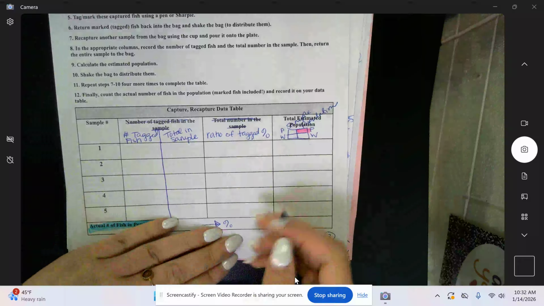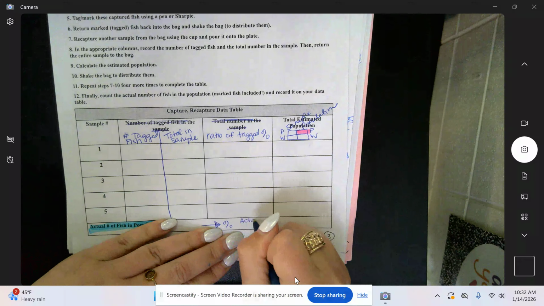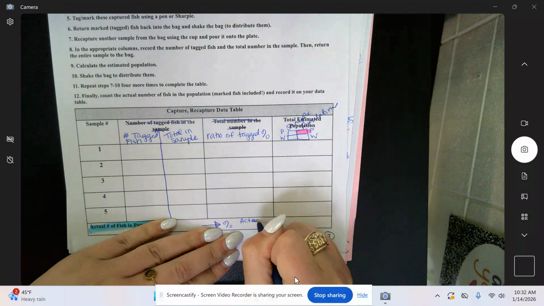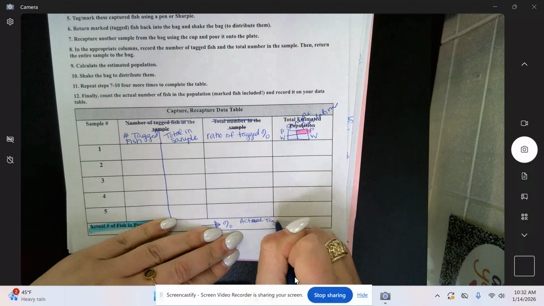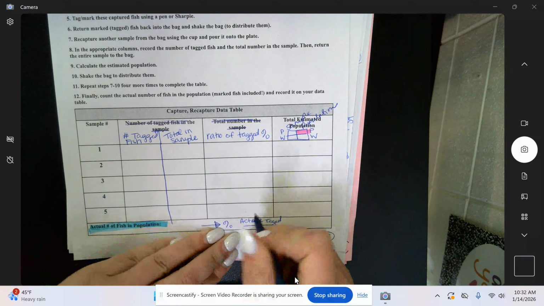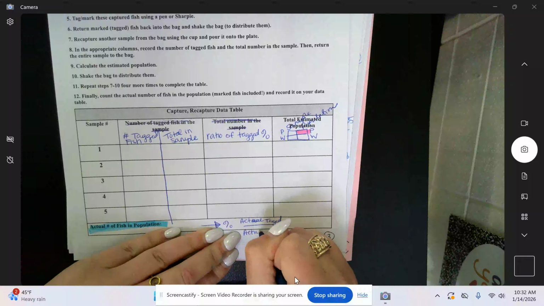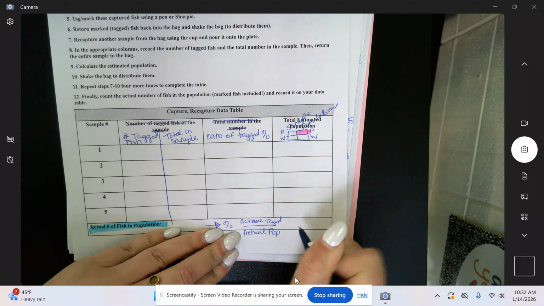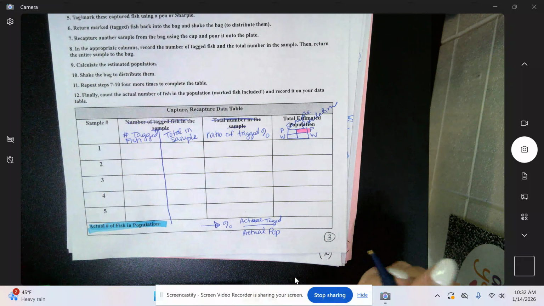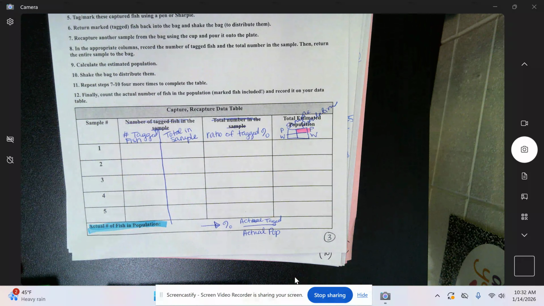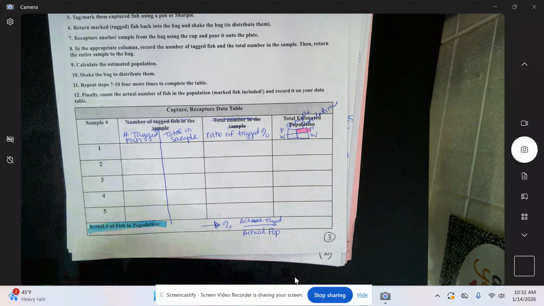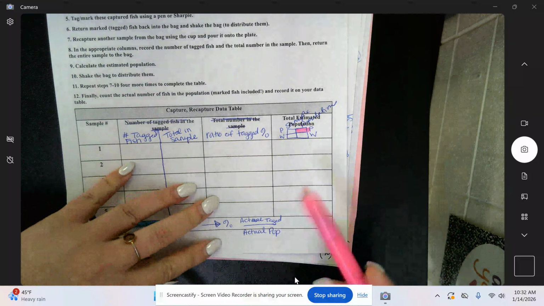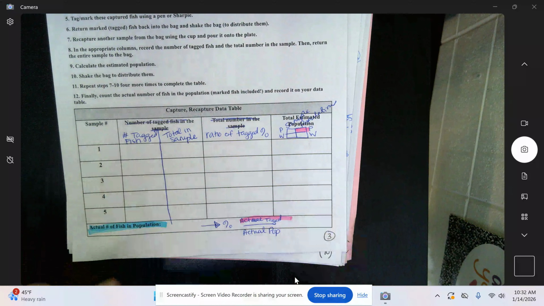So you would end up doing actual tagged over actual population and make it a percent. Okay? Your pink number over your blue number.